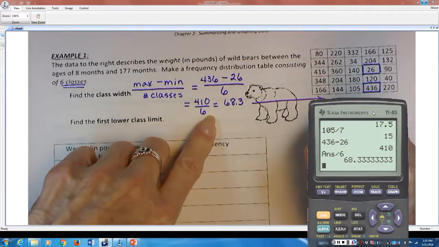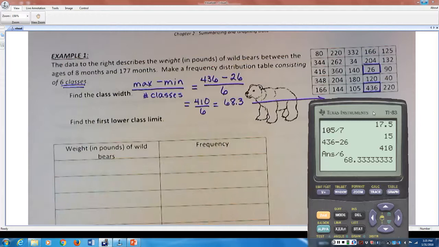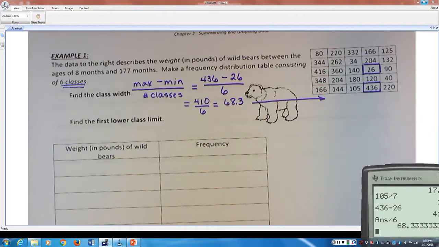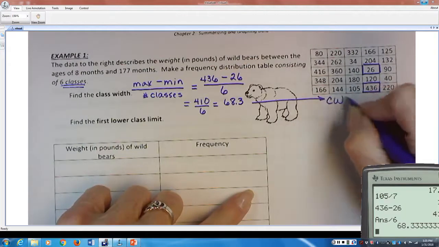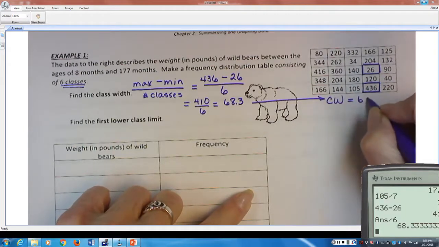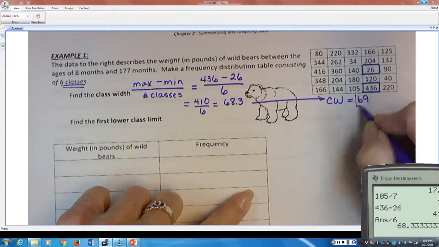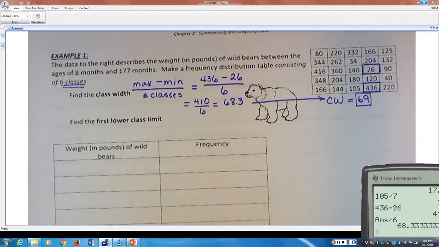And that's going to round up to a class width of 69. My class width is 69. I'll round 68.3 up to 69. So remember that.